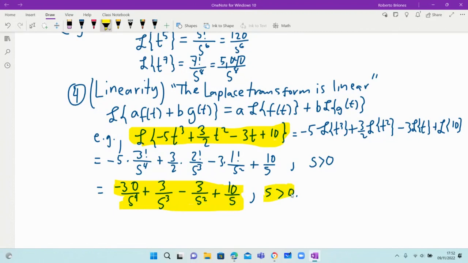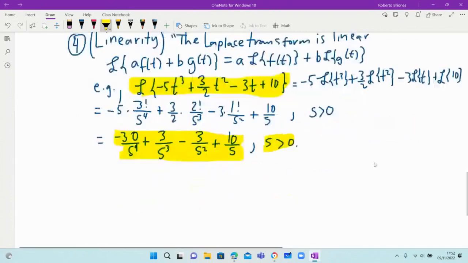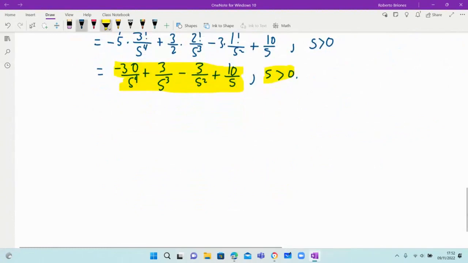Okay. So the next example I want to give focuses on another type of elementary function.